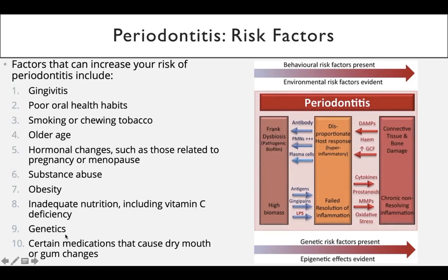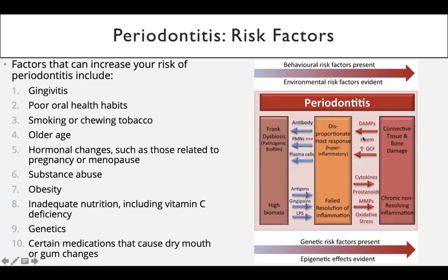Genetics also plays a role, or family disease. If it is common in your family, then you need to take care and talk to your dentist. Certain medications cause dry mouth or gum changes. When the mouth is dry, saliva is not there, the protective layer is not there, and bacteria love to grow.